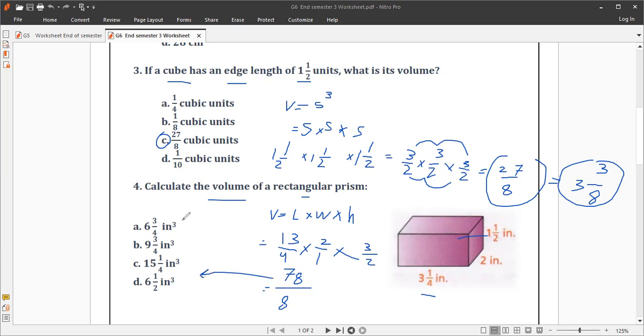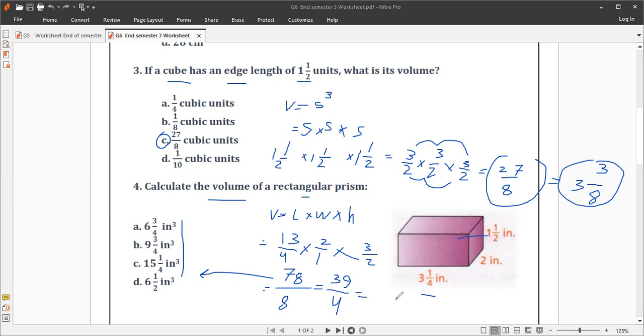The answer is not written in the form of mixed numbers, so we need to simplify. Let's divide by 2 first. Let's simplify by 2. The denominator becomes 4. 78 divided by 2, half of 70 is 35, half of 8 is 4, so 39. Now we simplified it, but we didn't write it as a mixed number.